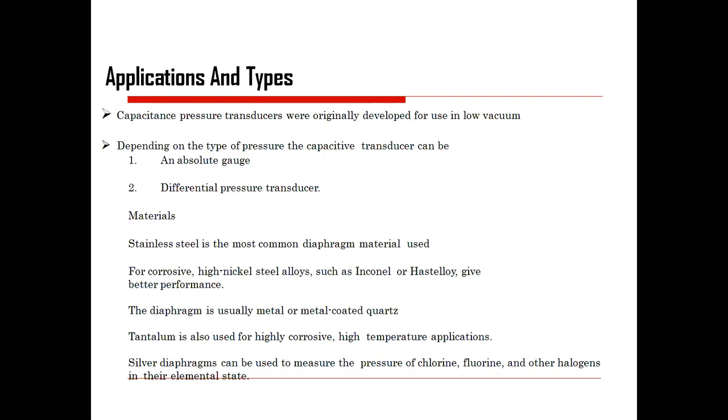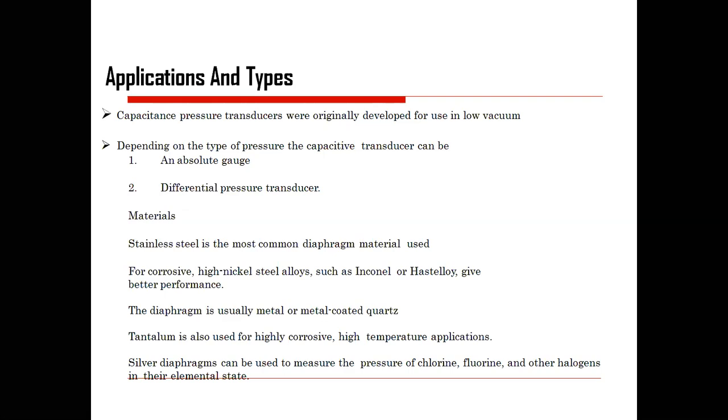Because what happens is some metals have the property that they can change depending upon the variation in environmental conditions. But tantalum is a material that is much more robust with reference to corrosive environment and high temperature, compared to your steel alloy, nickel steel alloy, or Inconel, Hastelloy that has been given.